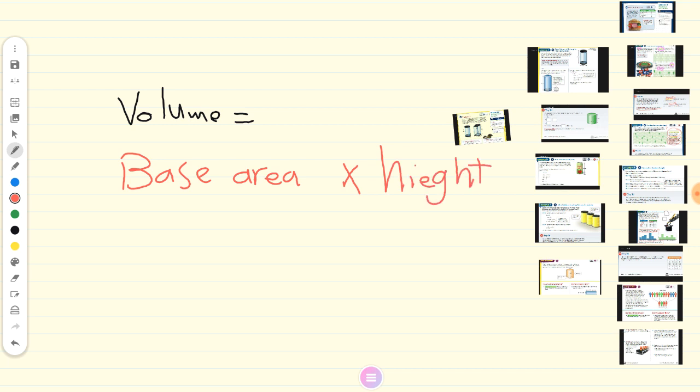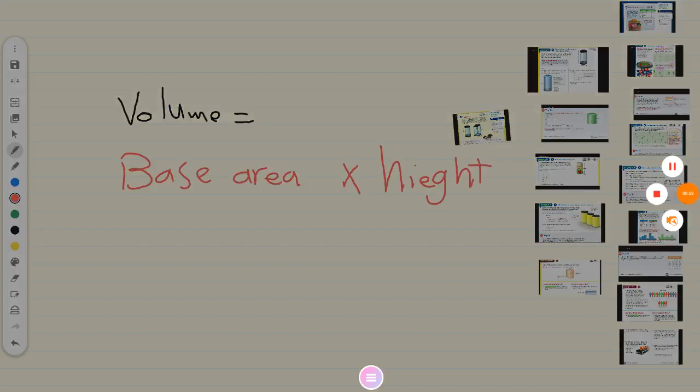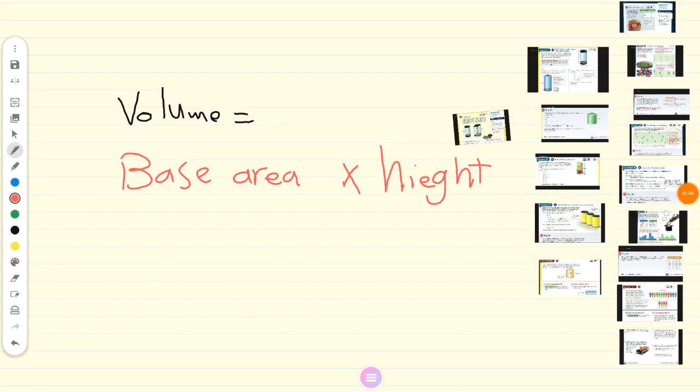So, if you can determine what the base is and what the height is, just multiply them. Find the area of the base and multiply it by the height, and you'll get the volume.